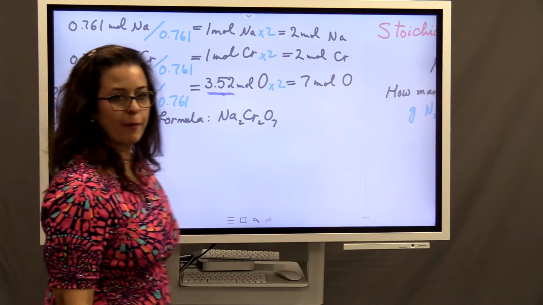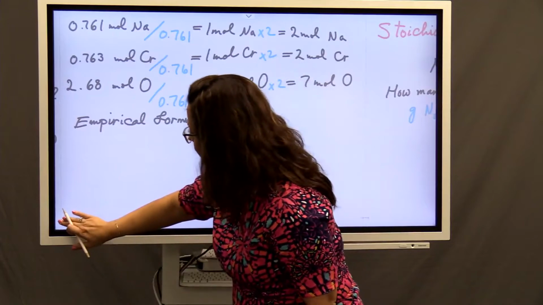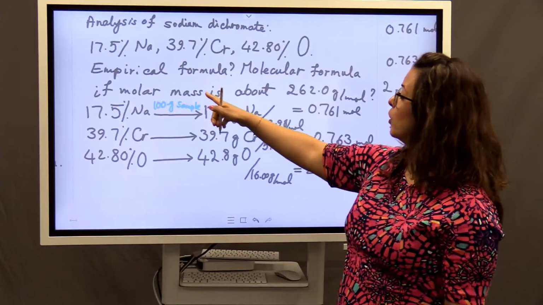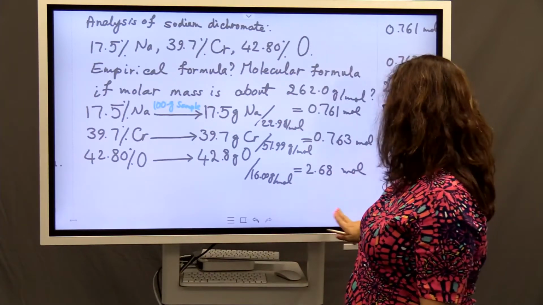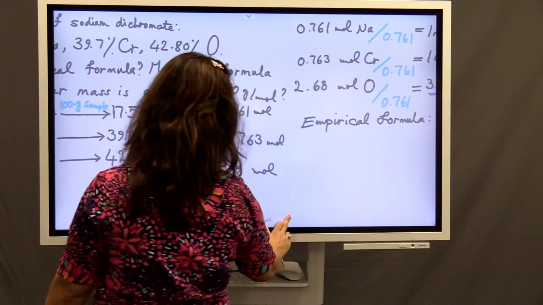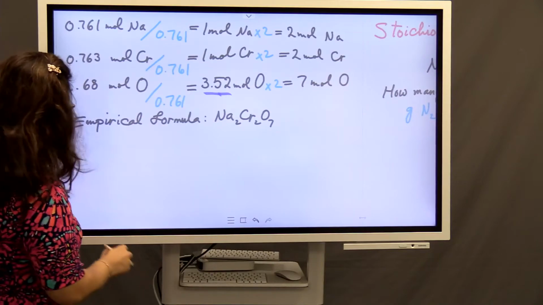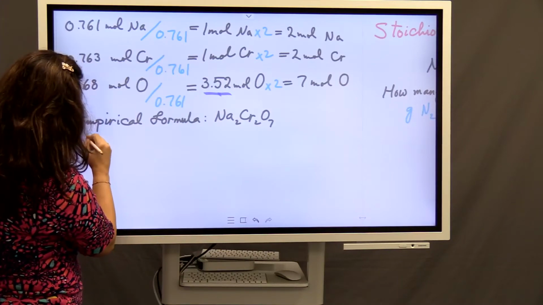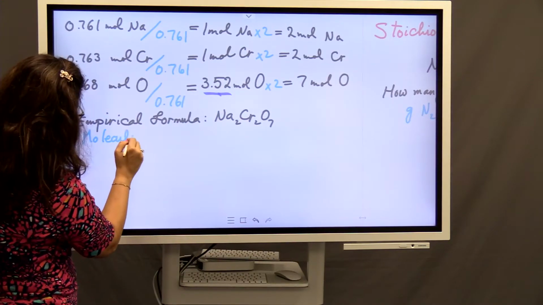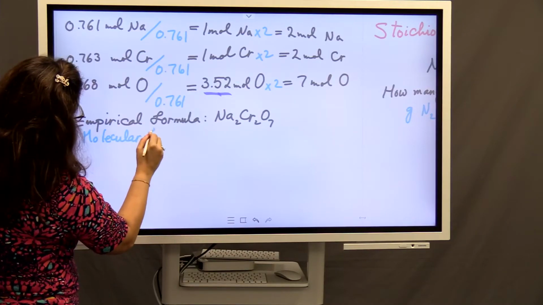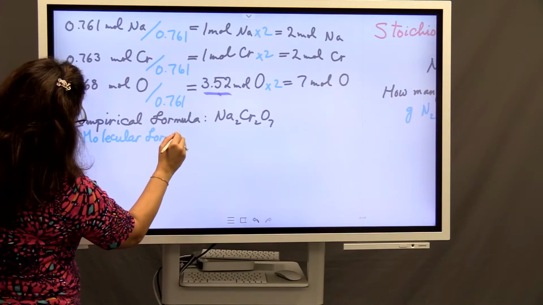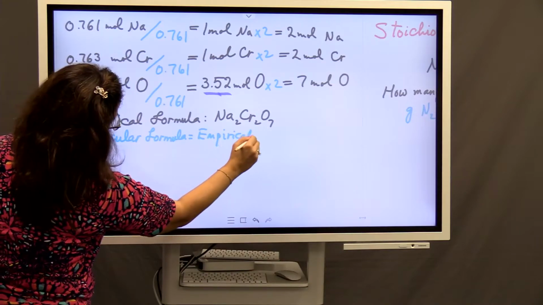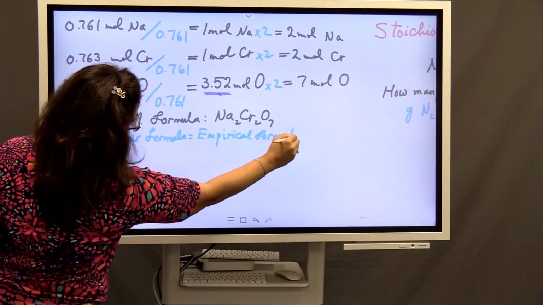Okay, you are done with empirical formula. If you remember, we are supposed to find the molecular formula as well, and the molar mass is given, 262. There is a relation between molecular and empirical formula that I would like to write as a formula for you. It seems like molecular formula is n times empirical formula. We said empirical formula has the smallest whole number ratio, right?